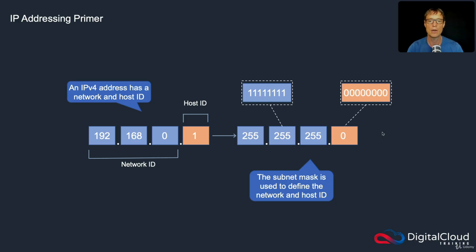Well, in binary, each of these is an octet. So the 192, the 168, each of these boxes is essentially an octet. That means it's 8 bits. So in the example of the subnet mask, 255 is represented in binary as 8 ones and a 0 is 8 zeros. So let's explore this in a little bit more detail.